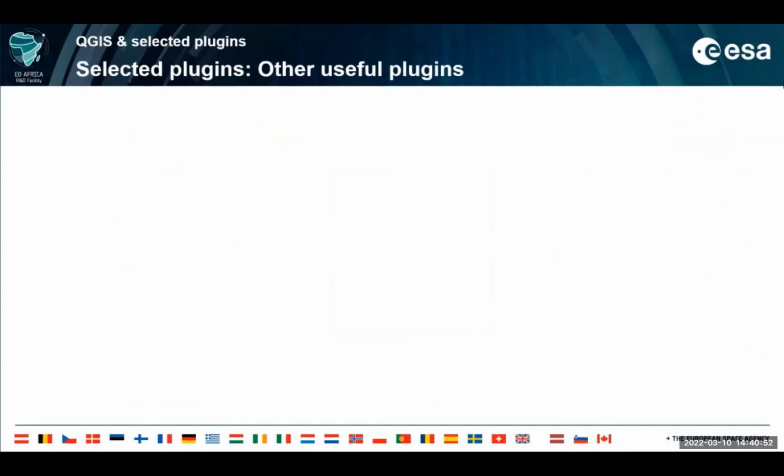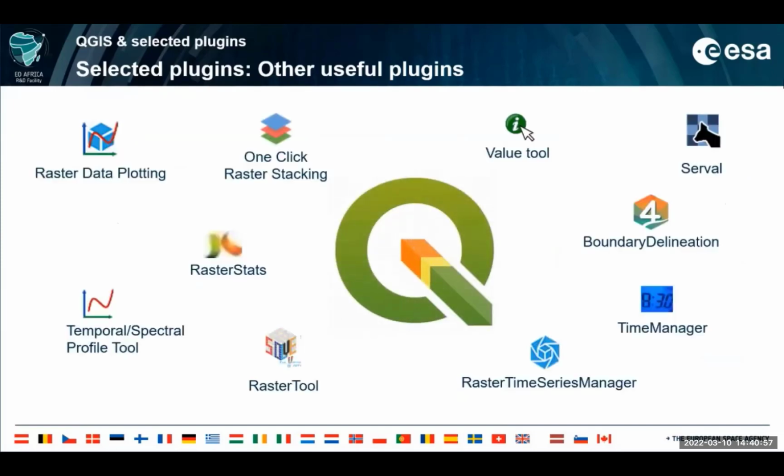Dedicated plugins to support basic operations on raster data also exist. There are, for example, tools to extract single pixel values, such as Value Tool, creating raster stack, such as One-Click raster stacking plugin, or calculation of raster statistics, for example, Raster Stats.